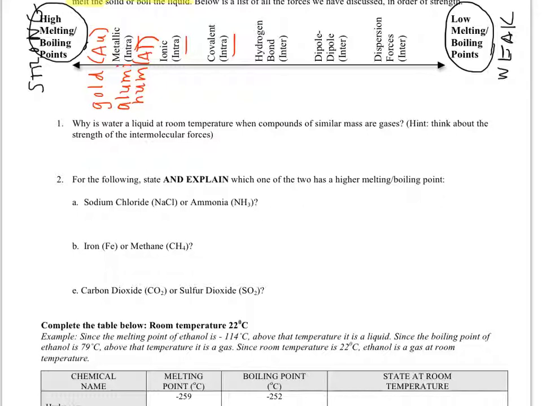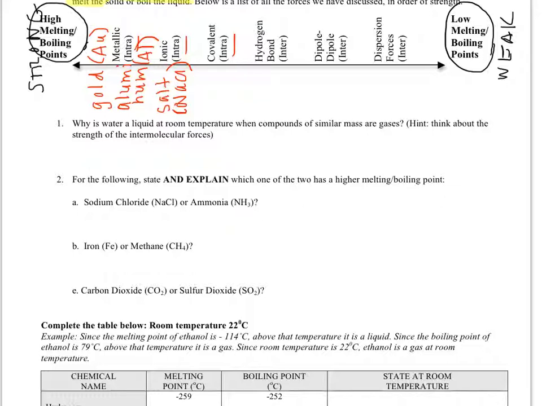The next sort of highest melting point in terms of the strength of the forces would be an ionic bond. So we could think of salt, NaCl. Okay, it doesn't take much to dissolve salt in water, but if you wanted to actually just put salt crystals in a pan on your stove, you'd never get your stovetop hot enough to melt those salt crystals.